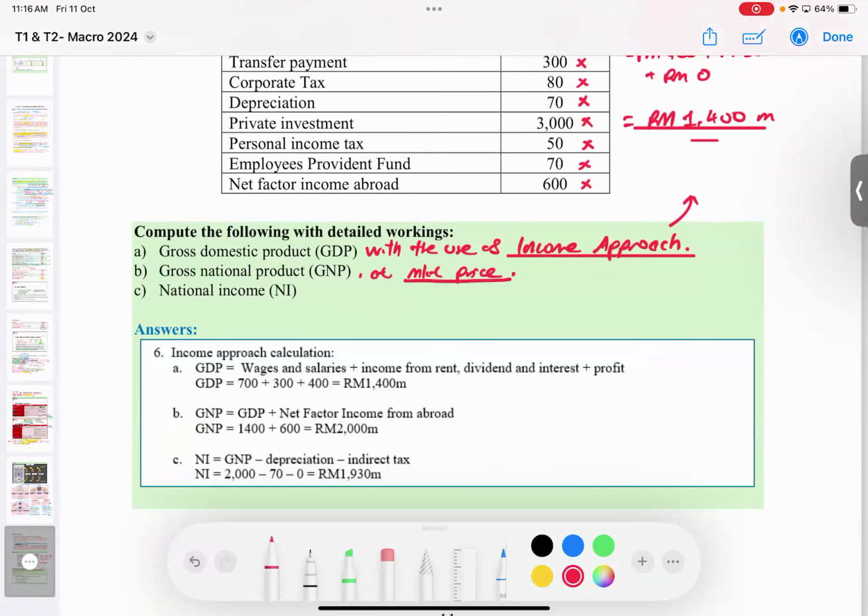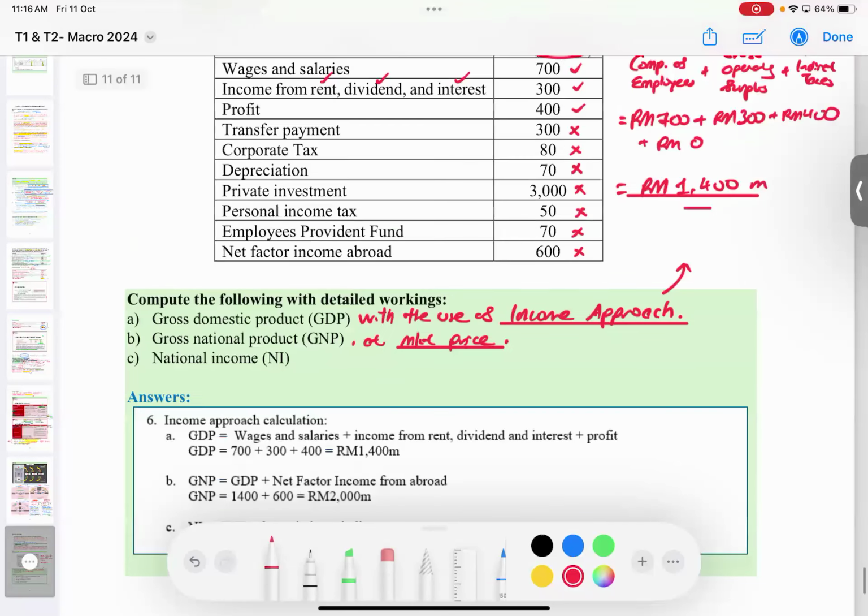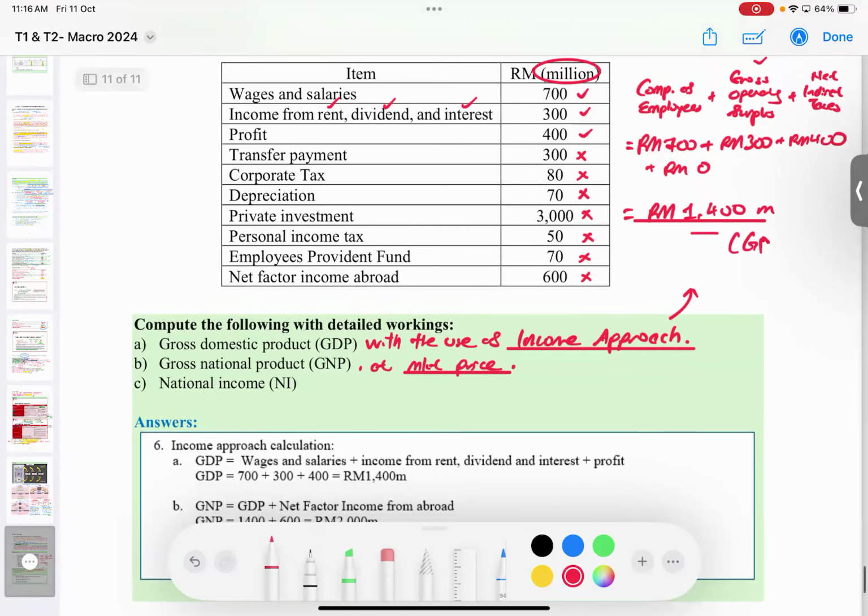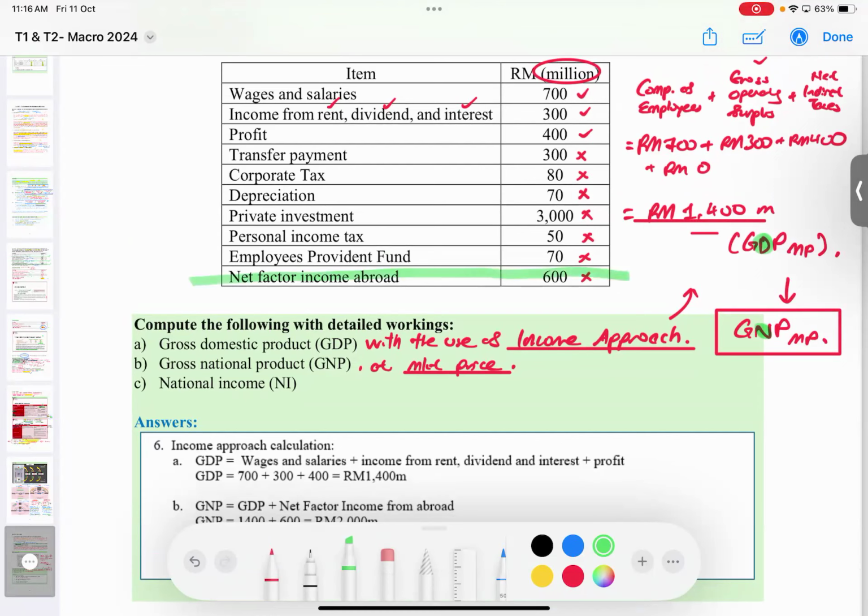How to convert from this GDP, GDP at market price, into GNP at market price? You use back the formula: you add on the net factor income abroad. Basically, to calculate from domestic to national, you add up the net factor income abroad.